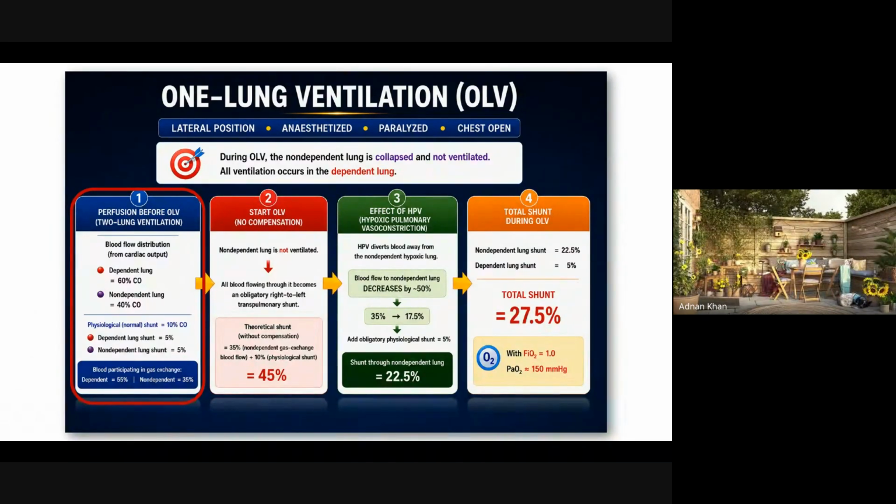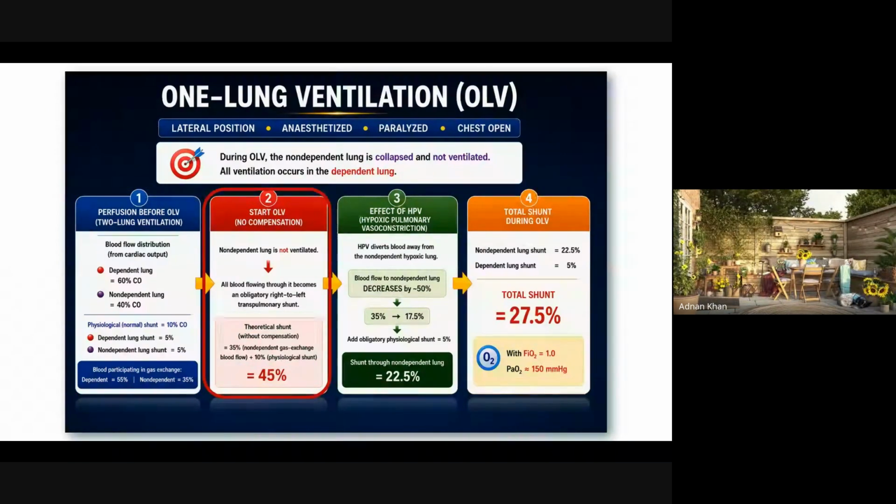And there is a physiological shunt. Total cardiac output shunt is 10%, 5% of the dependent lung and 5% of the non-dependent lung. So the net blood participating in gaseous exchange in the dependent lung is 55%, and in the non-dependent lung is 35%.